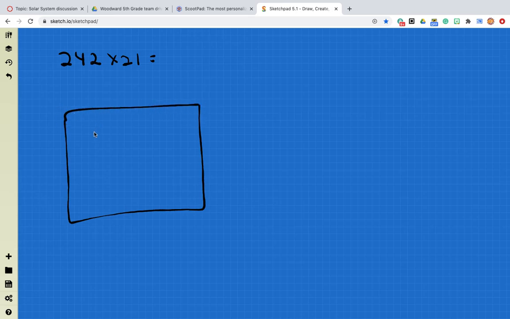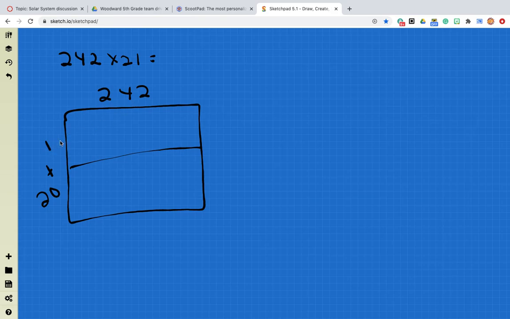I'm going to have 242, and I'm going to multiply that by 21. But I'm going to break that into 20 plus 1, because 20 is easy to multiply, 1 is easy to multiply by, right?